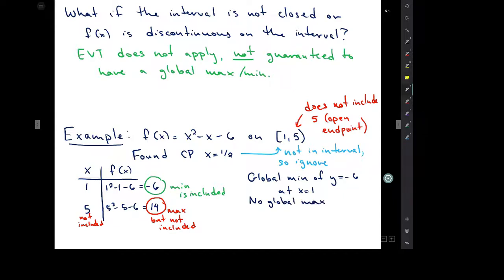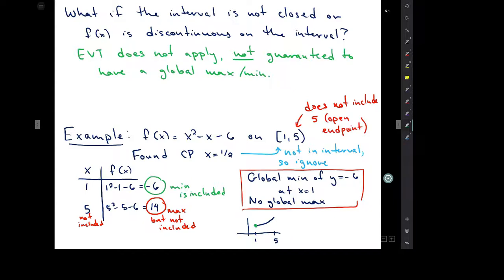If I wanted to graph this function quickly just to show you visually what's going on, I know that my function is going up from 1 to 5. So here's x equals 1, x equals 5. My function is increasing, and I do have this minimum value here.